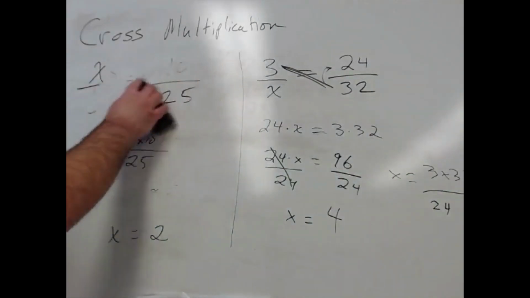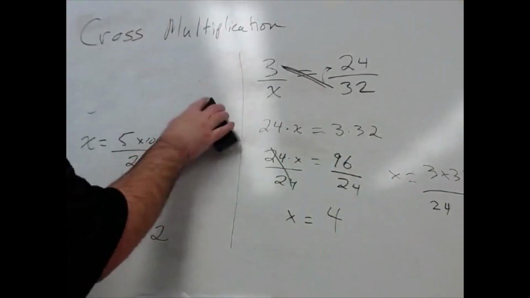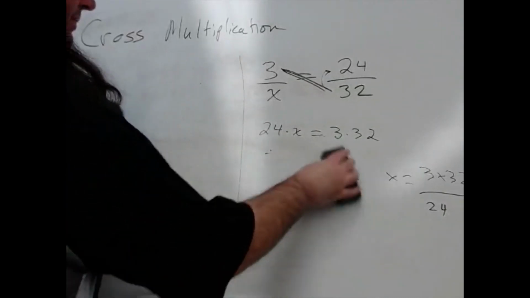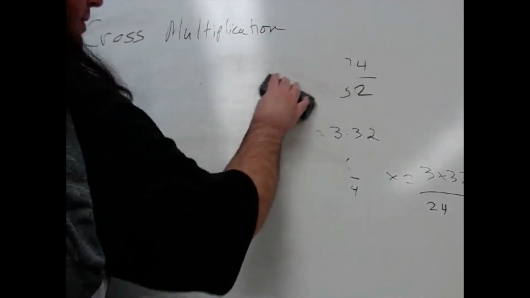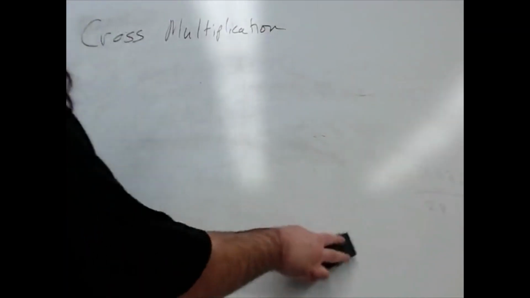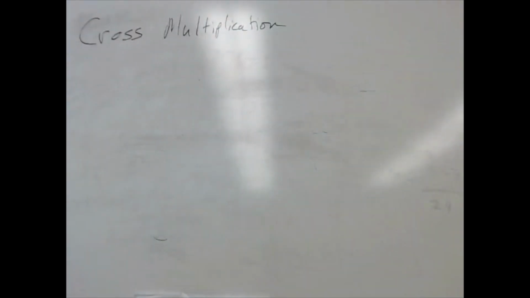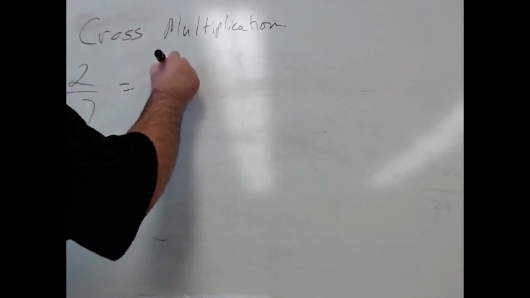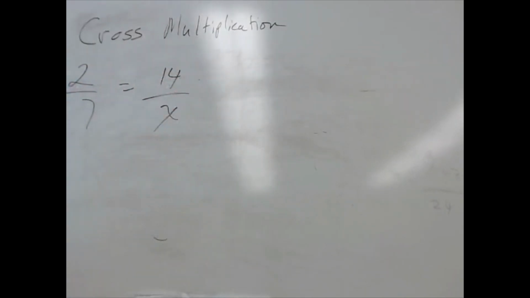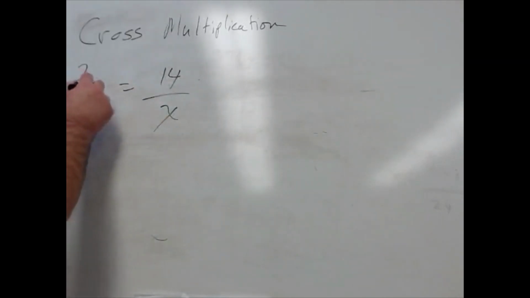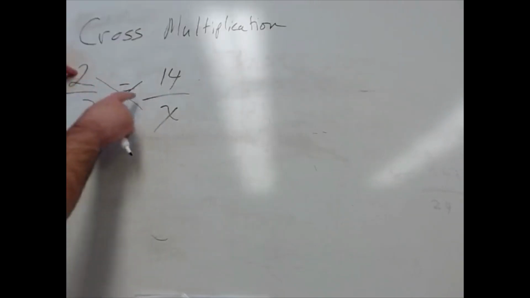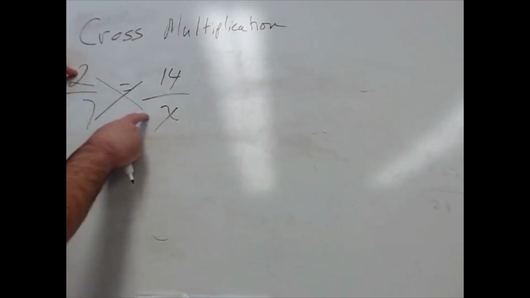Let's do another example. So this one here, we've got 2 over 7 equals 14 over x. Alright, so if I look at my X pattern, it's right here. So these two numbers here, I don't know both of them, so I'll hold on that for a minute.